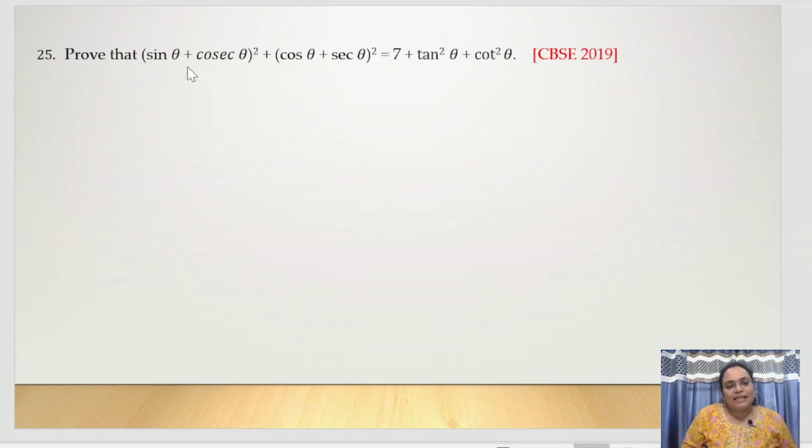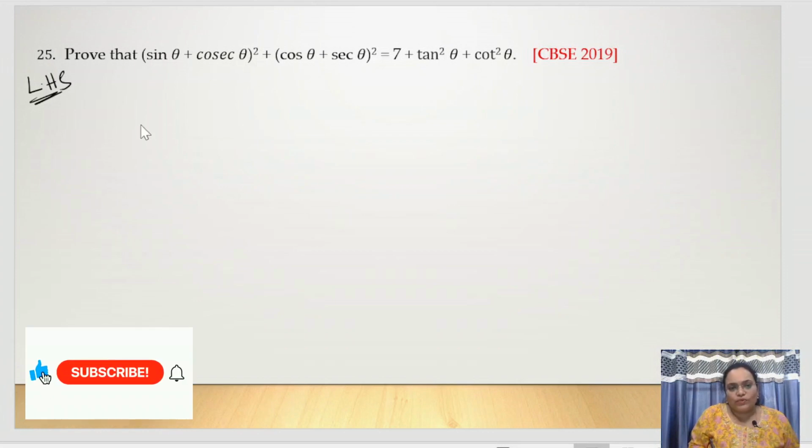Prove that sin theta plus cosecant theta whole square plus cos theta plus secant theta whole square is equal to 7 plus tan square theta plus cot square theta. Let us take the LHS. We have sin theta plus cosecant theta whole square.